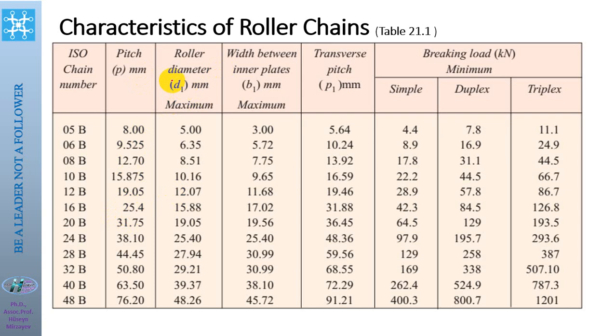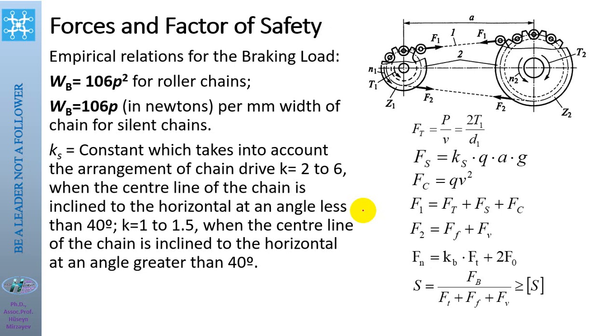Roller diameter D1, width between the inner plates, transverse pitch, and breaking load, dynamic parameters for the chains. Depending on the pitch, you may find other parameters of the chains. Force and factors of safety for the chains.